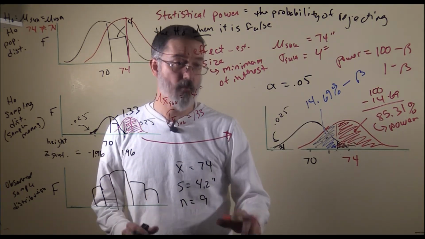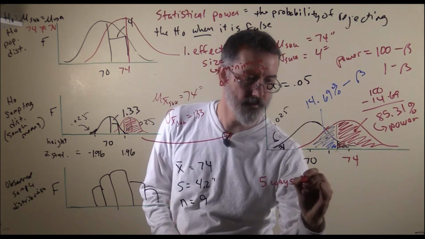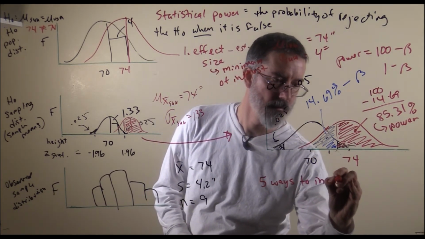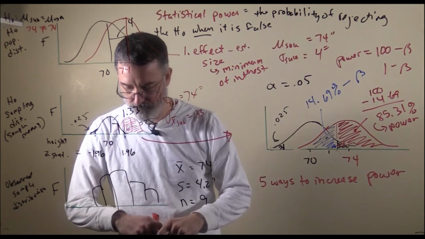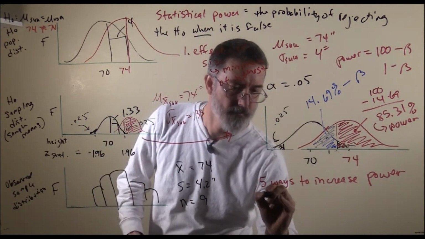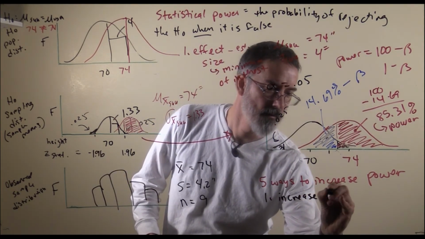So there's 5 ways to increase your statistical power in your research. The first way is to increase your sample size.